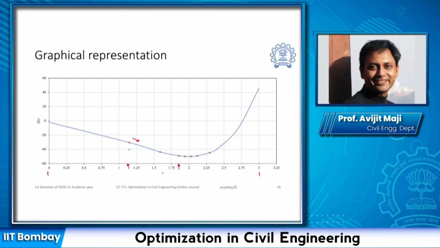So we can logically say that my optimum solution is not going to lie in this region. Hence I can move my lower boundary to here. So this was my upper boundary initially.